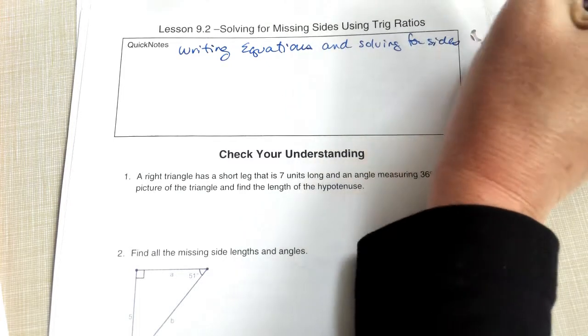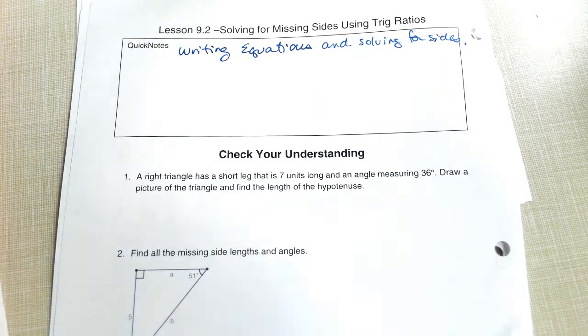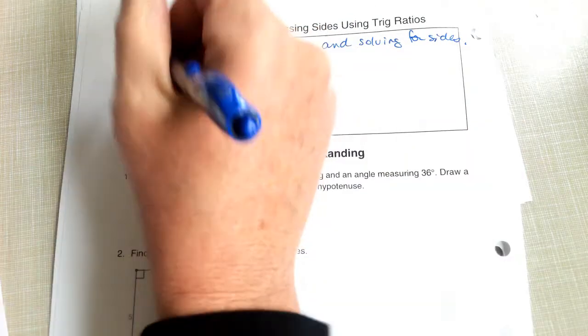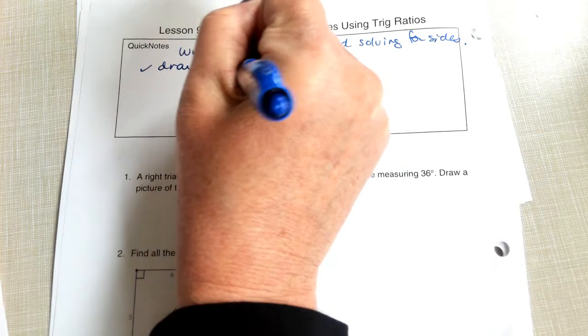So the first lesson was sort of to make sure you understand that trig is the ratio of side lengths. You want to make sure that you draw a picture. It really brings it home.